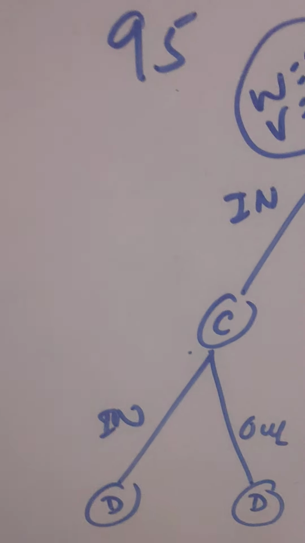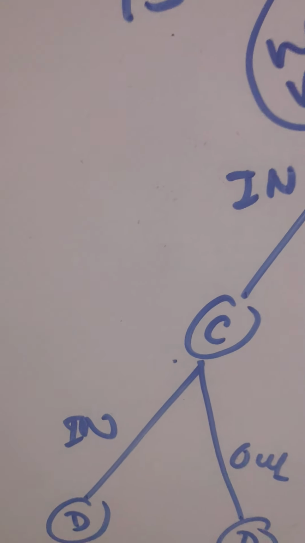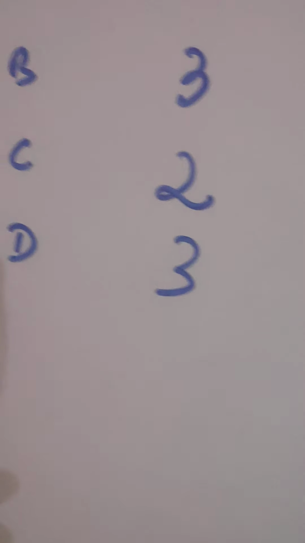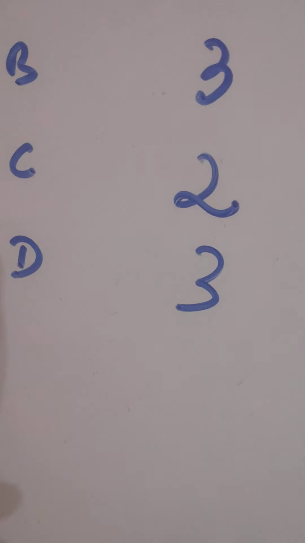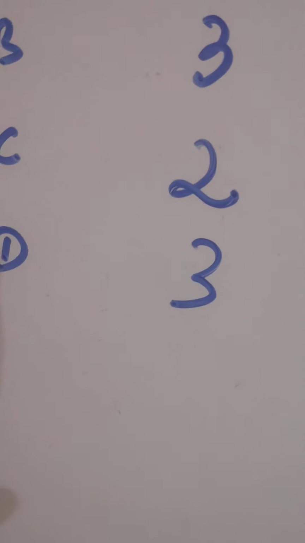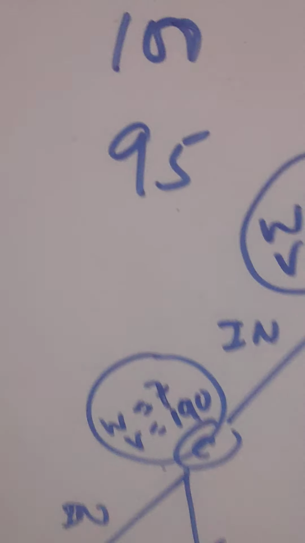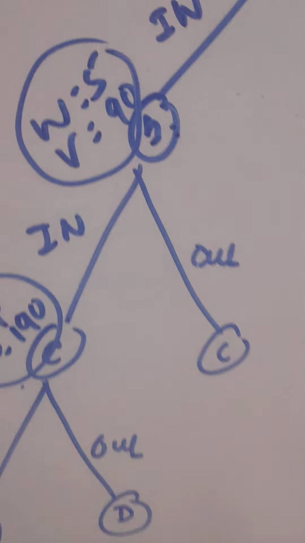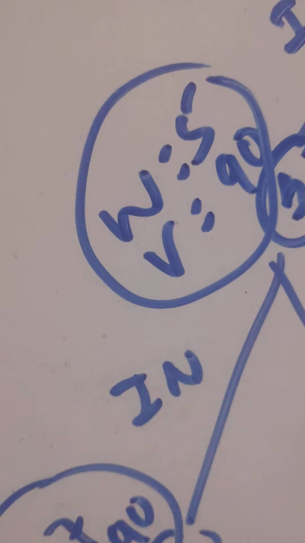Similarly, if I take C, my weight was 5 here. Since C's weight is 2, weight becomes 7 and value becomes 190. If I am not going to take C, my weight remains 5 and value remains 90.